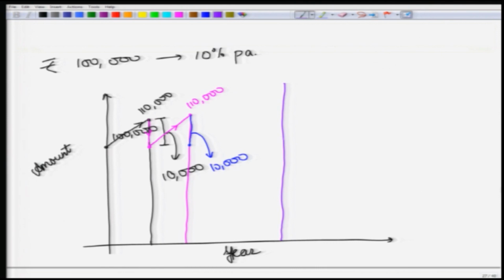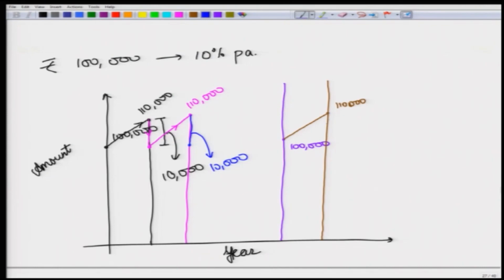So, we began with 100,000 rupees, and at the end of the first year, the amount increased to 110,000, but then in place of extracting 10,000 rupees, suppose you extracted 20,000 rupees. So, what is the situation now? Now, in place of 110,000, you will only be left with 90,000 rupees, because you have extracted 20,000.